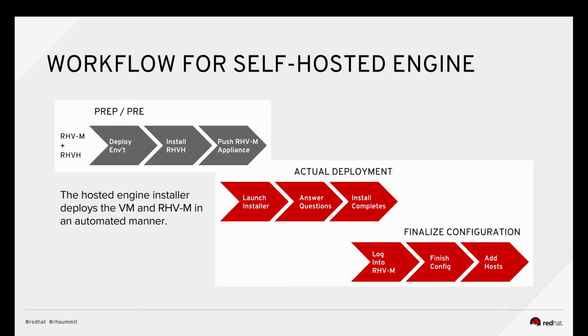When you launch the installer and answer the questions as part of the install process, it will actually deploy the VM and RHV-M as one single process, so that when it comes up, you log into RHV-M, and you simply finish the configuration process. It's a much simpler workflow for deploying self-hosted engine.